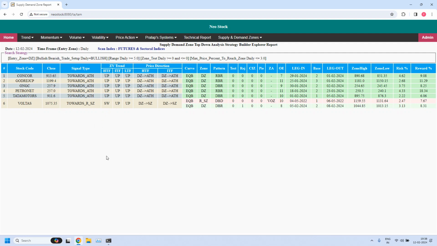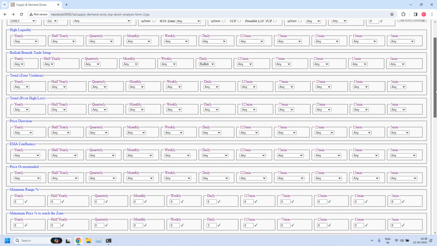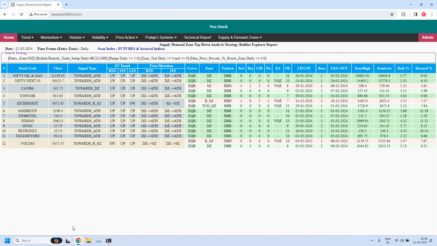Now I am increasing to the 4% level, stocks within 4% of the demand zone. Currently, they closed within 4%. So I am changing 3% to 4%. Let us filter. Now 12 stocks are filtered. Again, all these stocks are moving from the demand zone to all-time high.